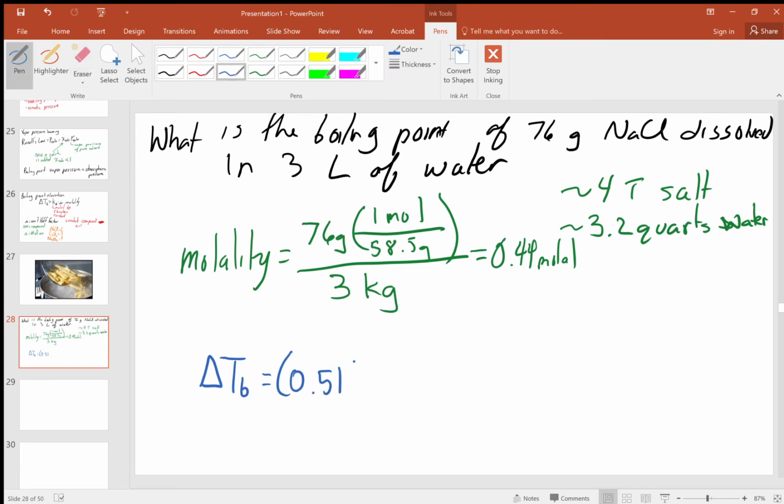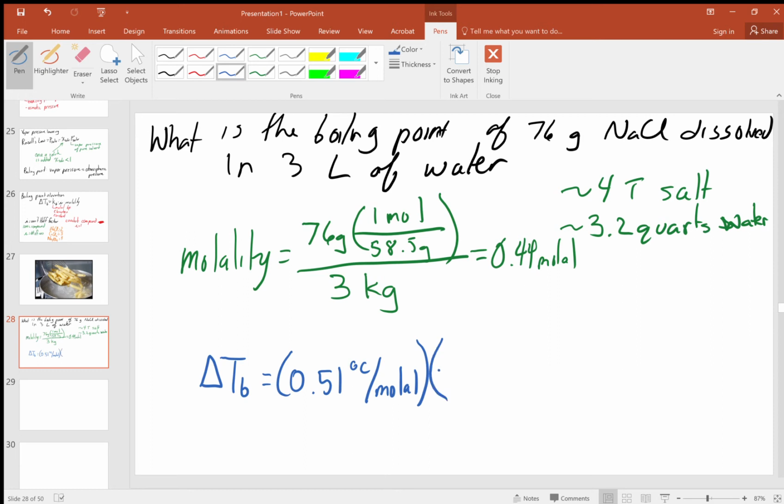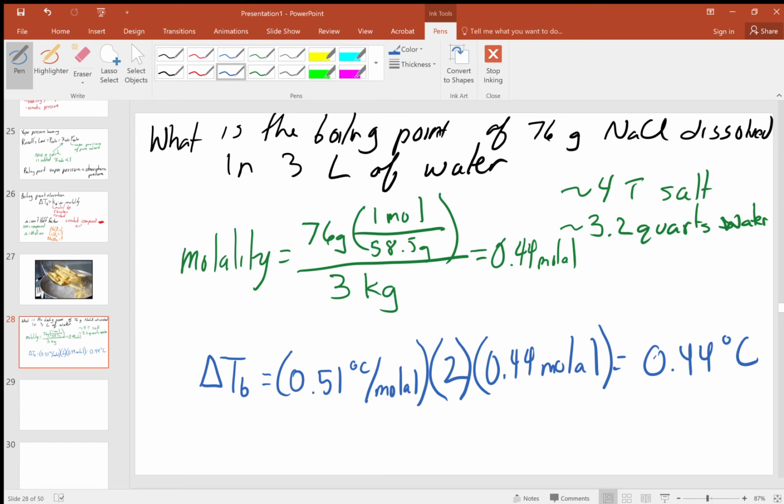It's 0.51 degrees Celsius per molal. We multiply this times the Van Hoff factor, and in water, sodium chloride is made up of 2 ions, so i is 2. And then we multiply this by the molality that we just found, 0.44 molal. And we get a total of 0.44 degrees Celsius.